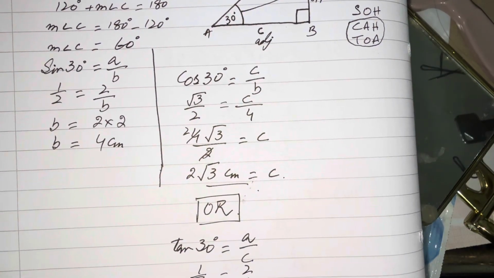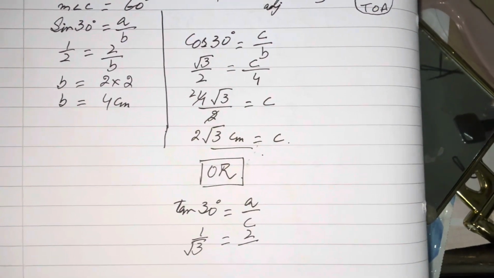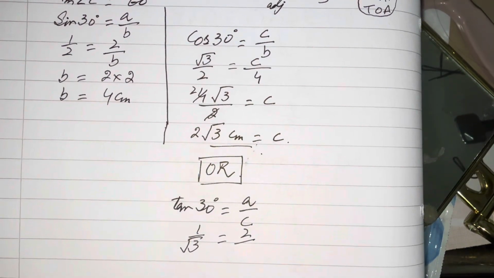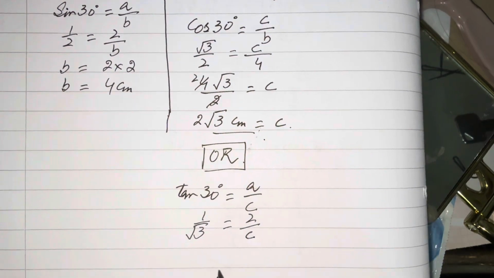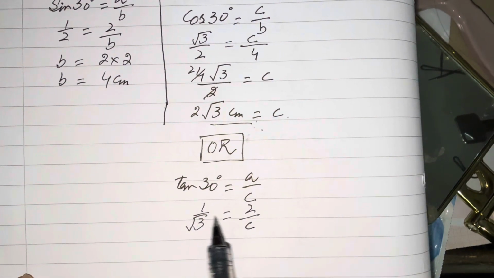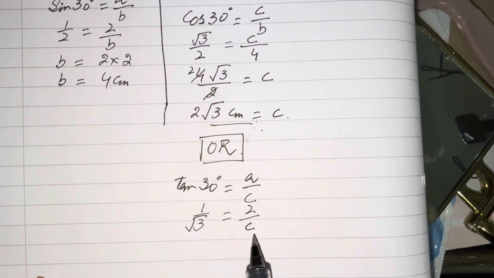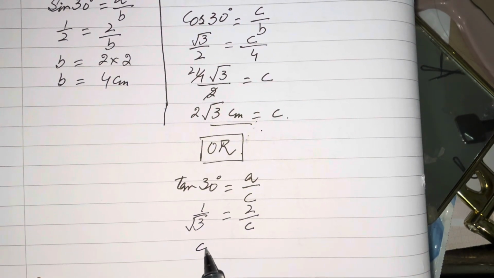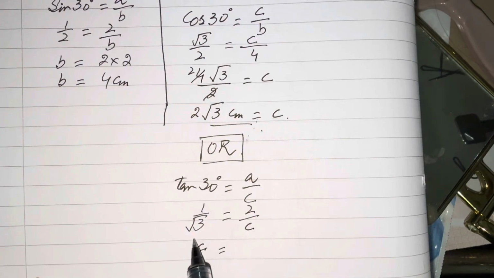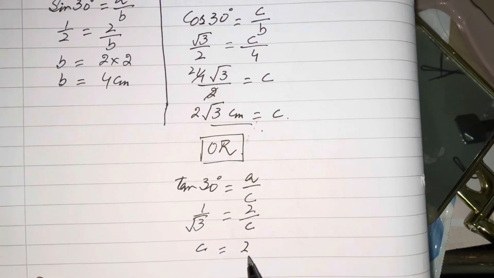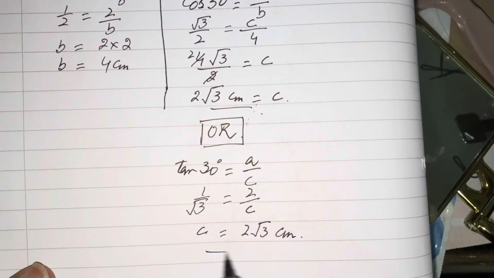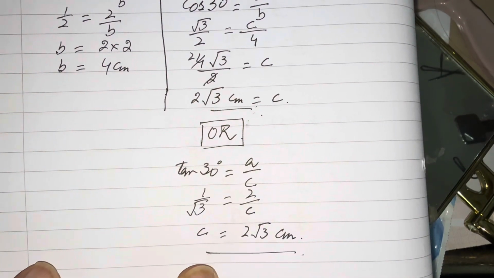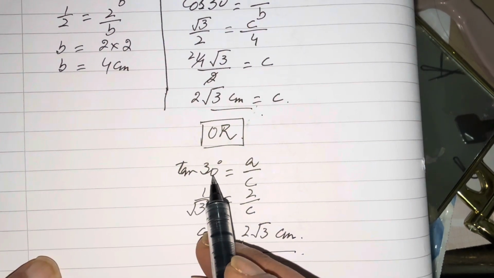So put 2 in place of A, and we have to find the value of C. Just a simplification: take C to the other side, and root 3 from the left-hand side to the right-hand side. So that is 2 root 3 centimeters. That's how we can find the value of C by using the tangent 30 trigonometric ratio.